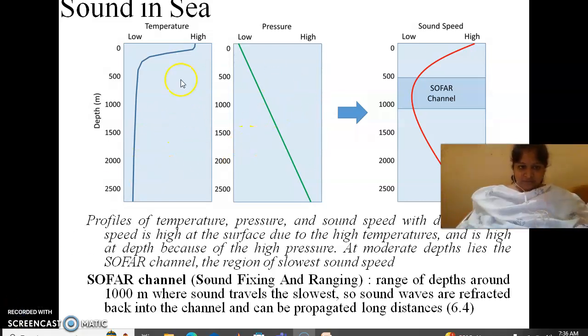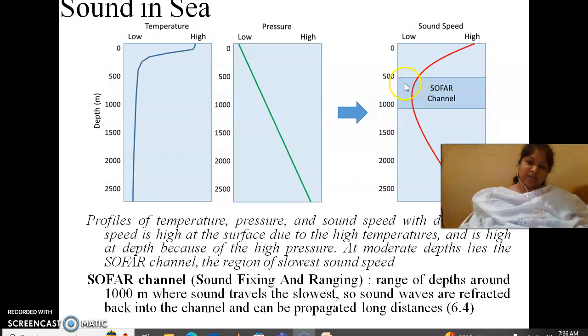These are two figures showing one is temperature variation with respect to depth and one is pressure variation with respect to depth. So what happened? The density is also like that. In the top 0 to 500 meters, the temperature is high, but below 1000 to 1500 the density is high.